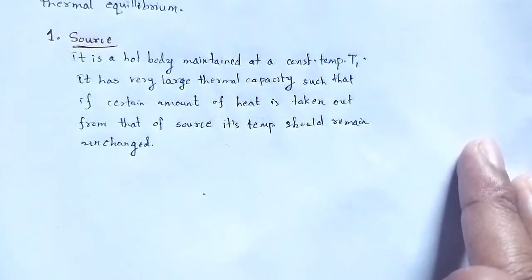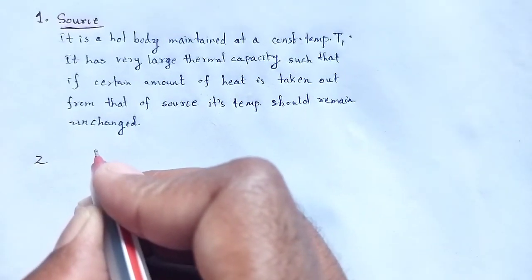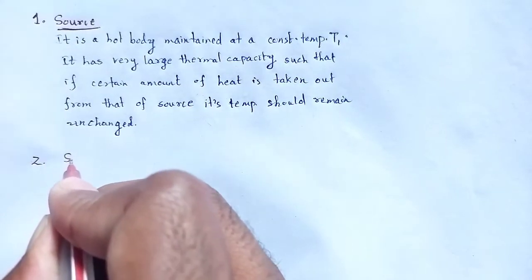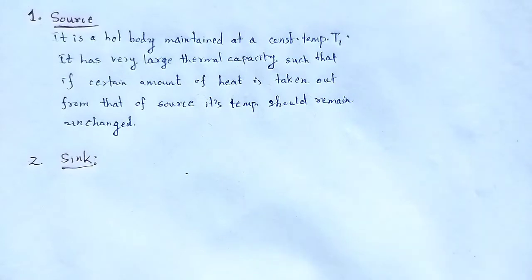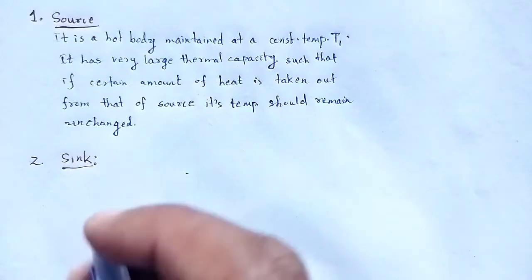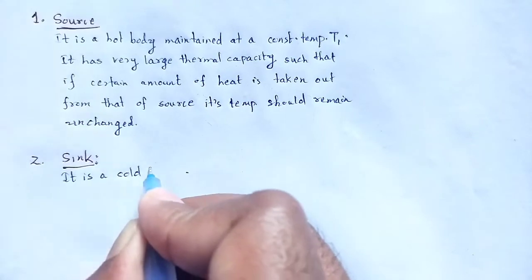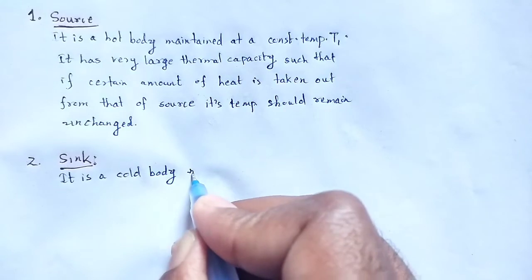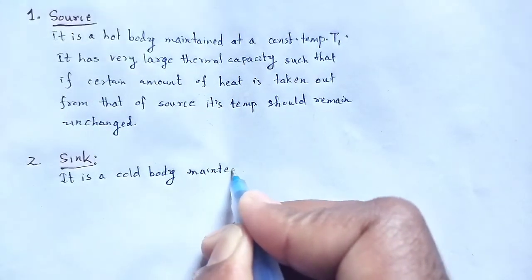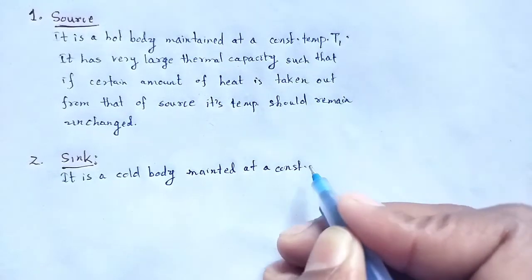Second part of the heat engine is the sink. What is the sink? It is a cold body. This is a hot body, that is a cold body. Cold body in the sense that it is maintained at a constant lower temperature.